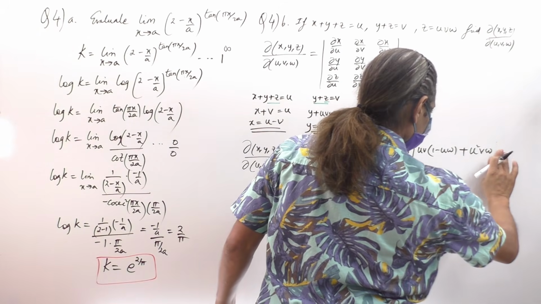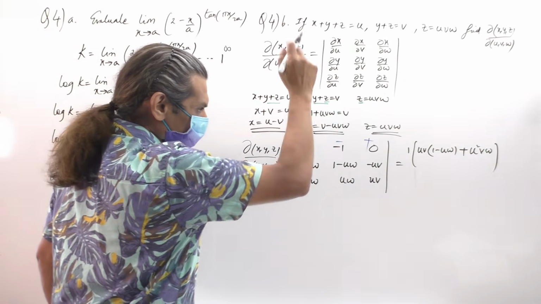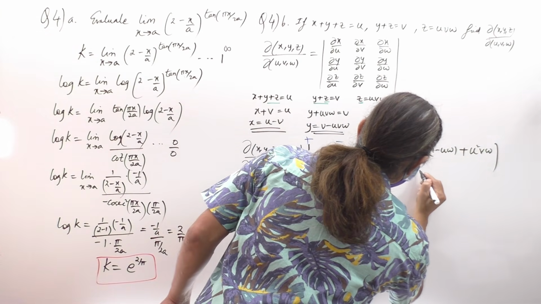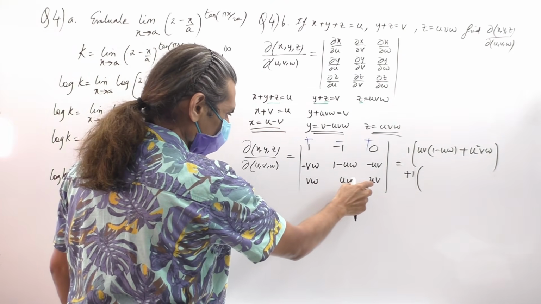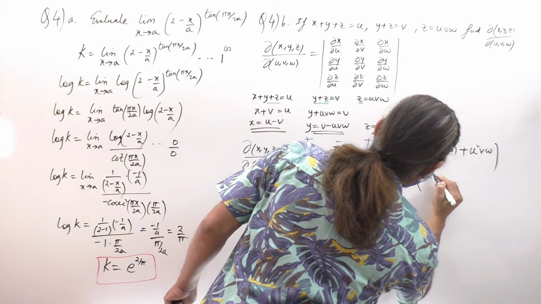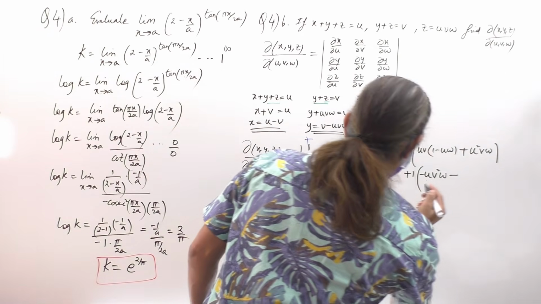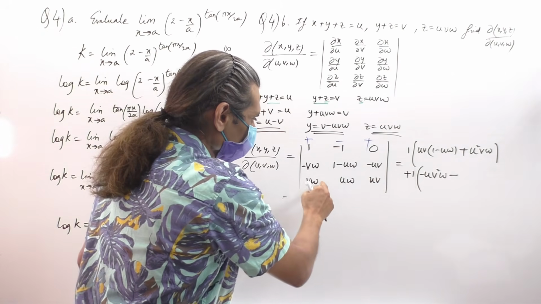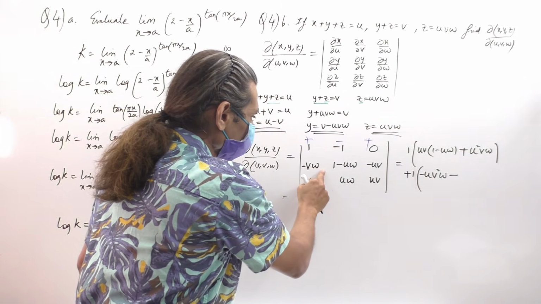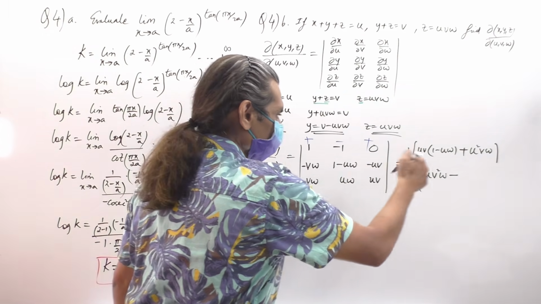Then next, minus of minus plus 1 into, again leave this column, leave this row, minus uv square w, correct, so what I got, uv square w, minus of minus plus uv square w.